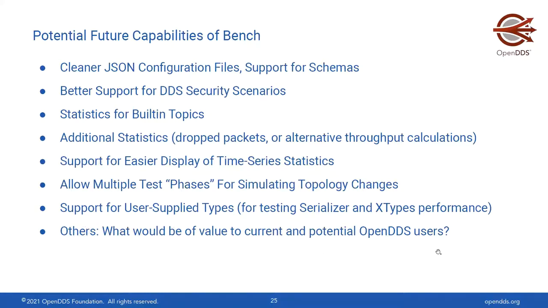We're curious: what potential enhancements to Bench might be useful to current and potential OpenDDS users? We'd love to hear from you, or from anyone who listens to this in the future, what they think Bench could do or could do better.